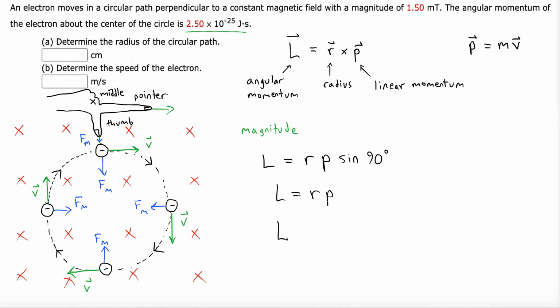So we can go even farther and do L equals R times M times V. What I would do next is plug in the angular momentum that we were given.